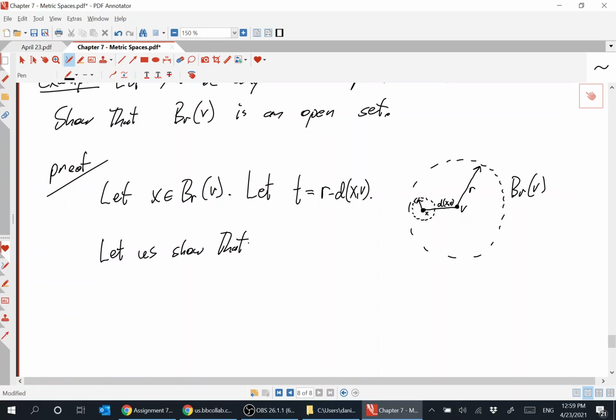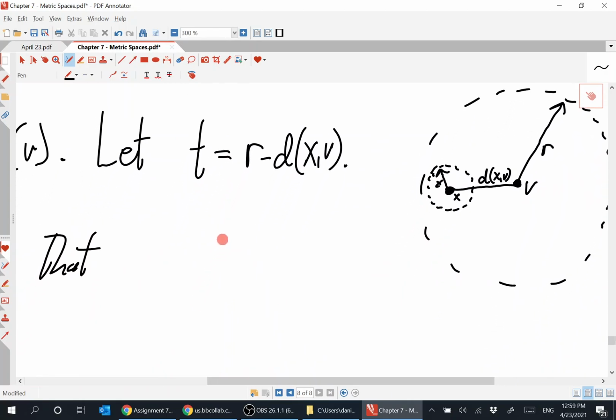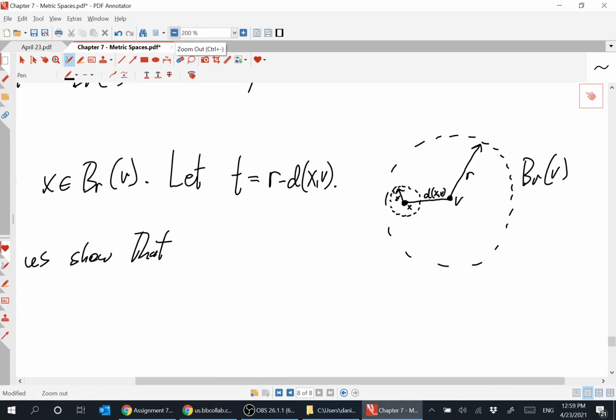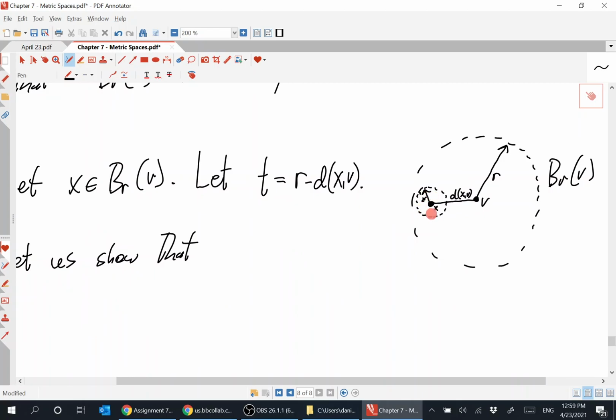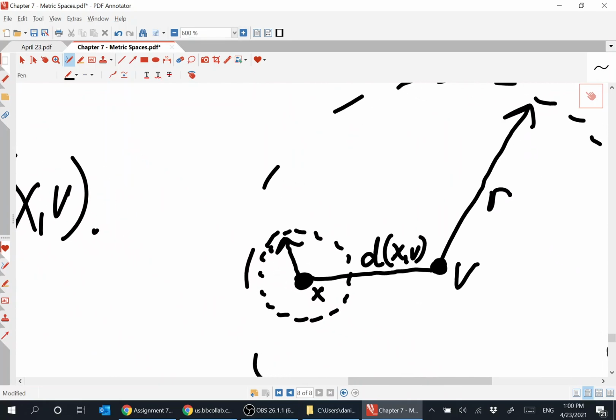Your intuition is right that this distance t should be r minus the distance from x to v. And when you define it that way, the ball of radius t around x will not go outside the ball around v. But what do you have to prove?